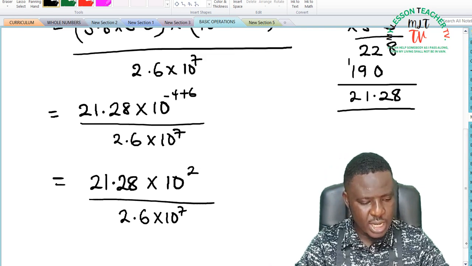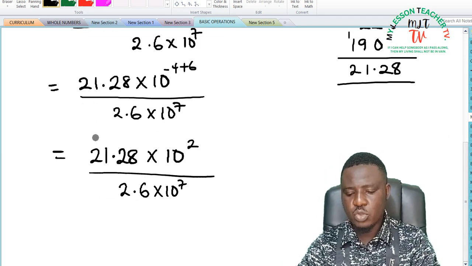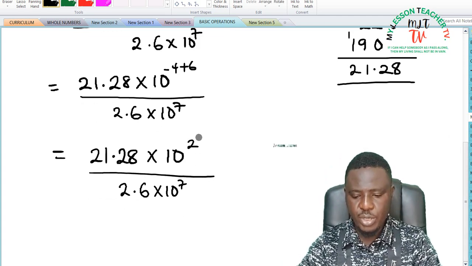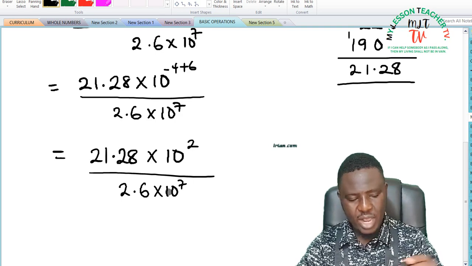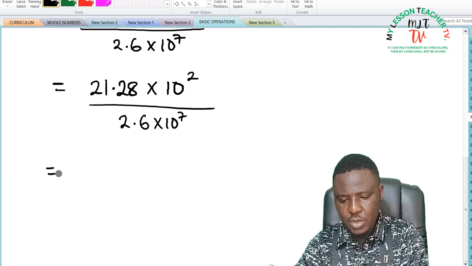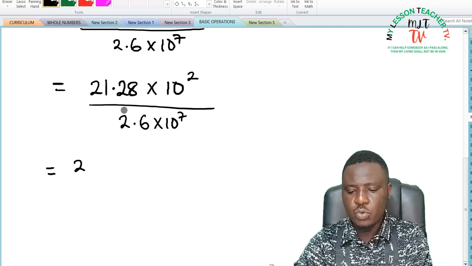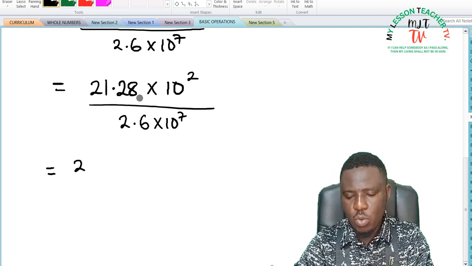Just like we did at the other classes, we have been able to simplify the numerator and we have the denominator as a one term. So what we are going to do next will be equal to, I'm going to rewrite this as a whole number.